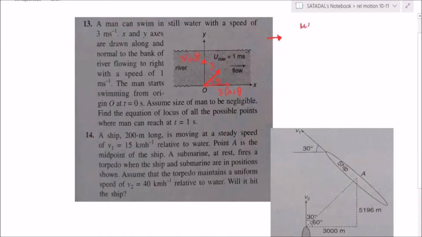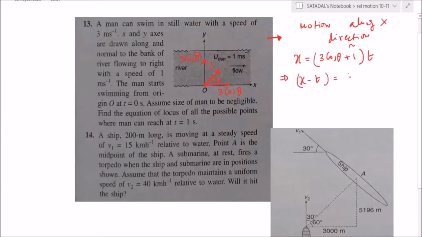So now I can write for motion along x direction: x is equal to 3 cos theta plus 1, since the river is flowing horizontally, into t. From there, we can write x minus t is equal to 3 cos theta into t. That is equation number 1.